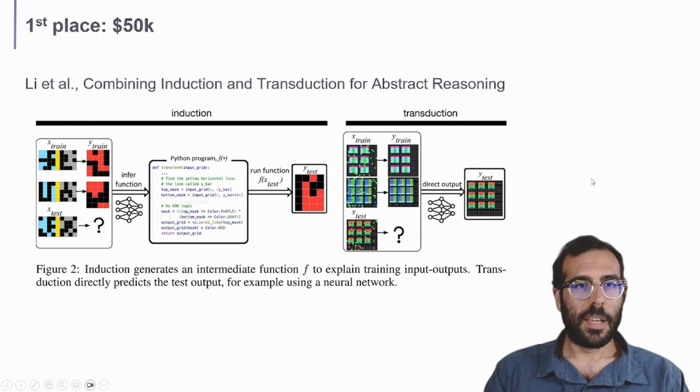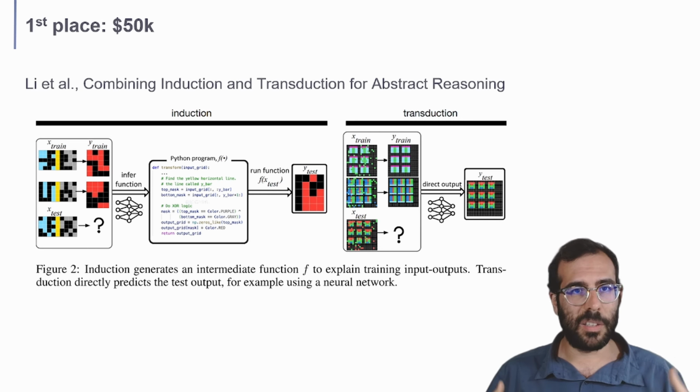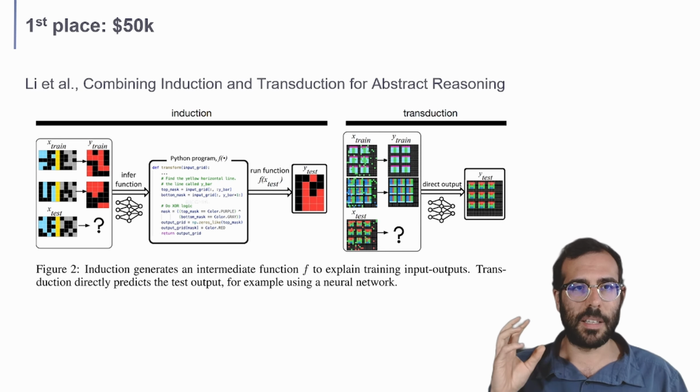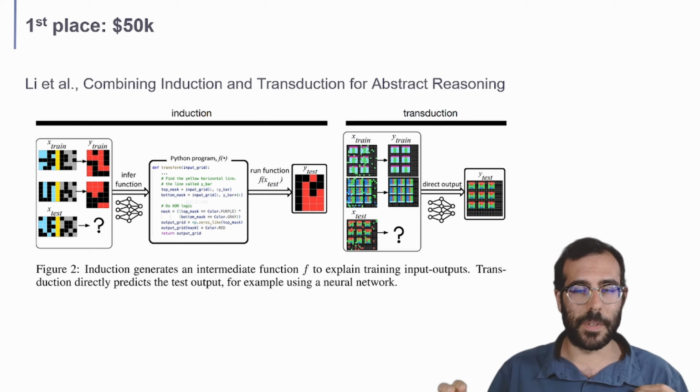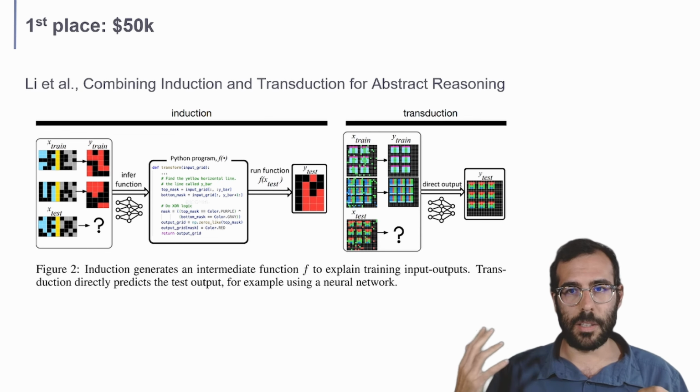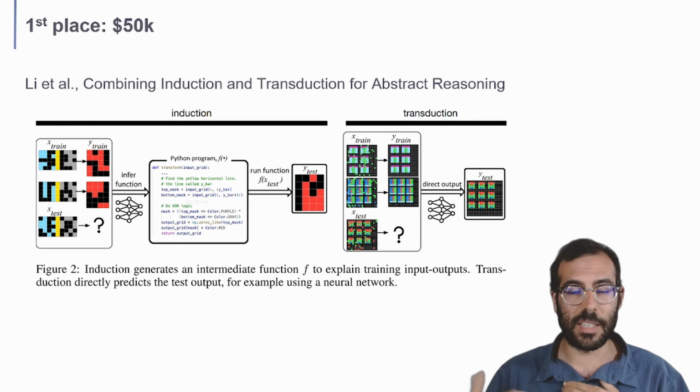So you have a system that sees the examples, generates a Python program explicitly, and then runs the test input through the program to get the proposal, the attempted solution for that task.